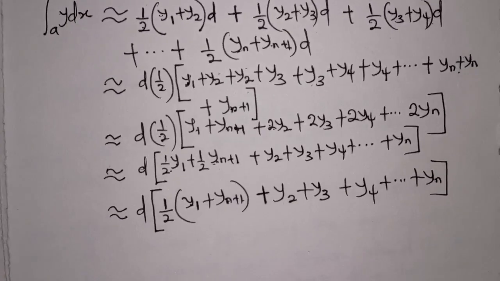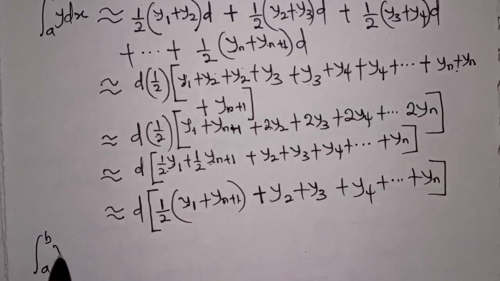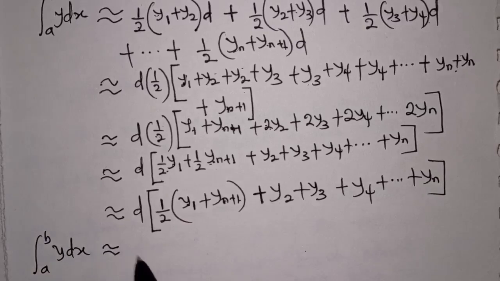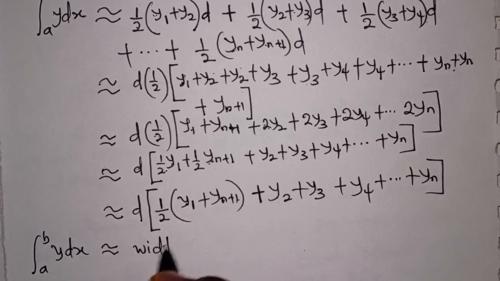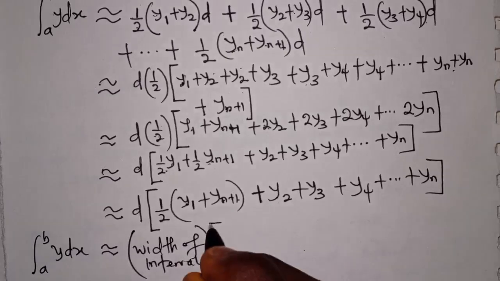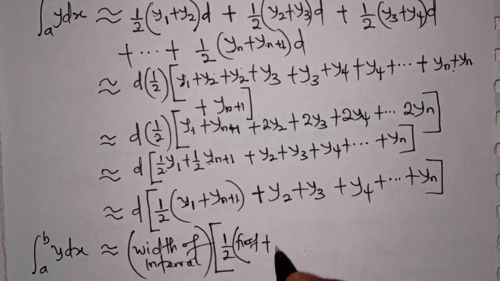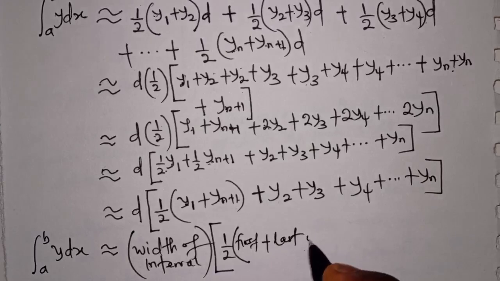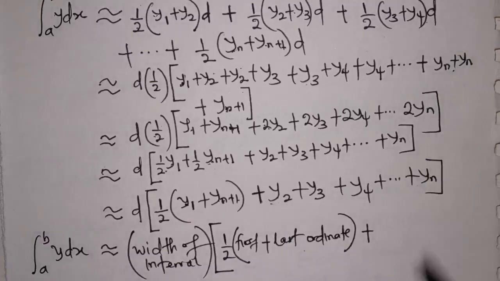So the trapezoidal rule states, as a summary of the rule: the integral from a to b of y dx is approximately equal to d, the width of the interval, into 1 over 2 times the sum of the first and the last ordinates, plus the sum of the remaining ordinates.